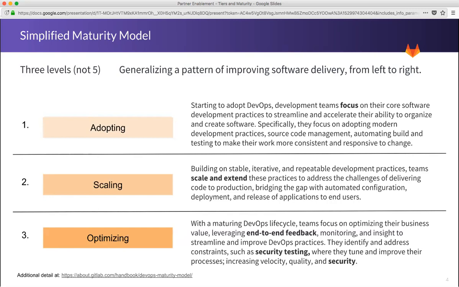So optimizing is looking at the end-to-end process, looking for feedback across all of it, and finding the areas, looking at the value stream and finding the areas where they can tighten and optimize the process, leveraging feedback, looking at constraints and eliminating those constraints in the system.